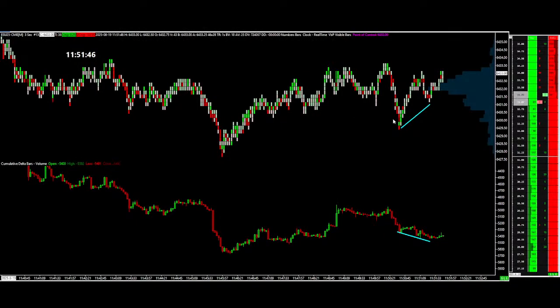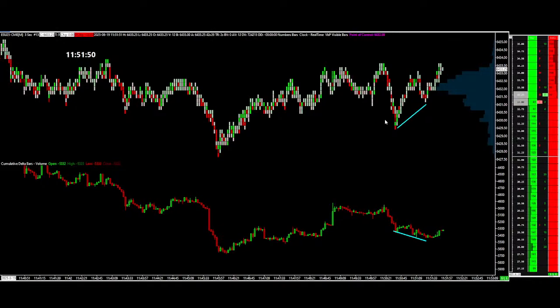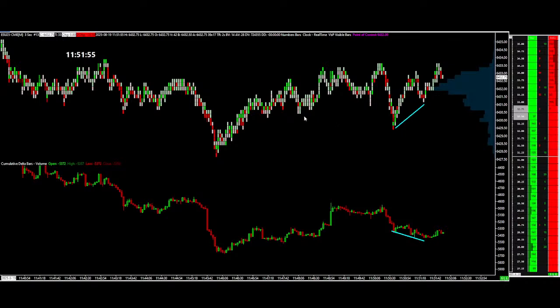Now I'm not really seeing too much more, because if you look at the top of the price action where it was at the top, it's still an open mouth.